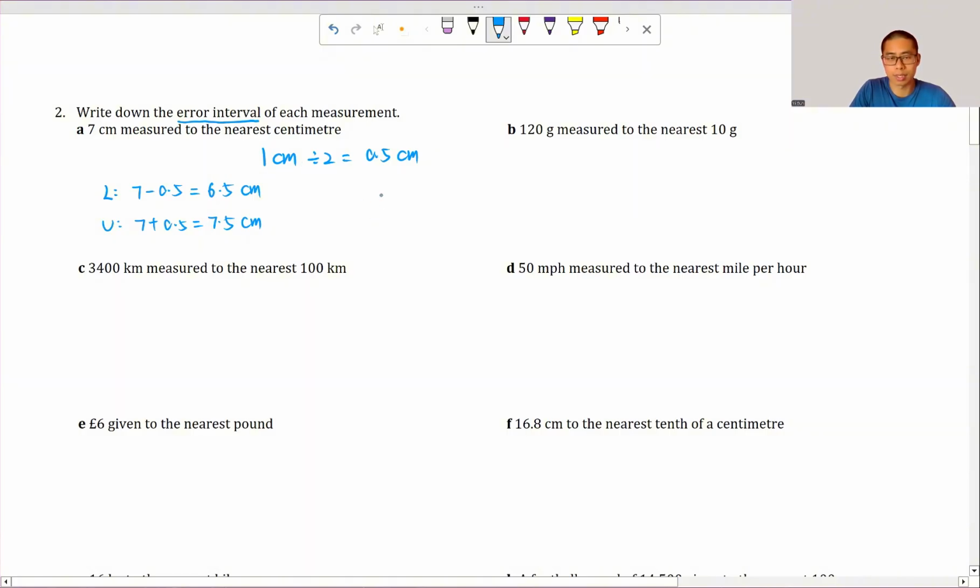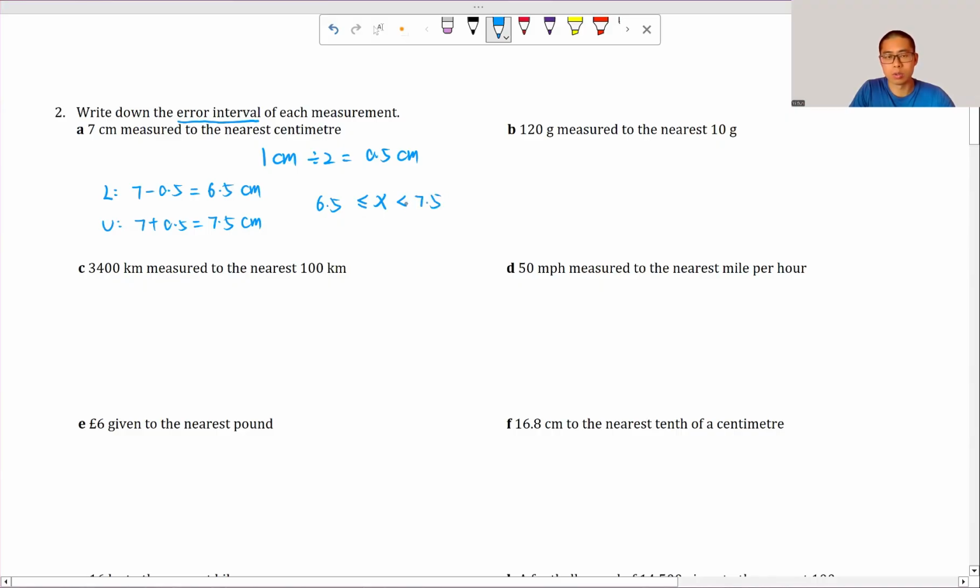We should write it like this. It's always x, then more than or equal to, and then less than. So x is more than or equal to the lower bound, which is 6.5, and less than the upper bound, which is 7.5.